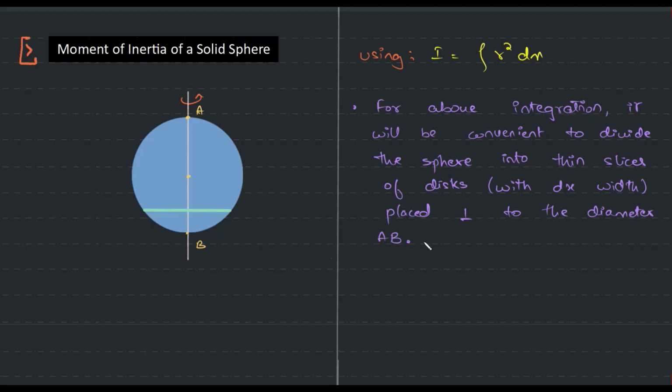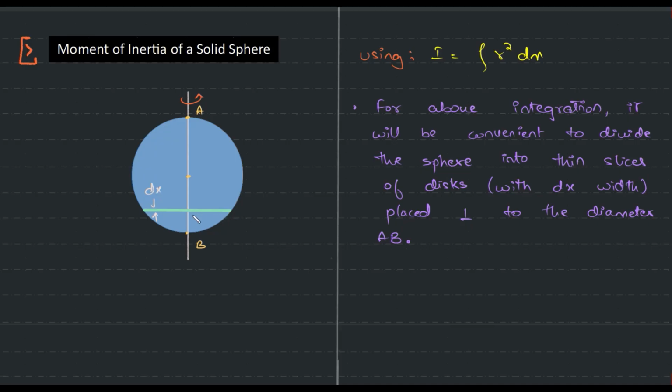Okay, so basically what we're doing is we are considering this thin disk. This happens to be of width dx. Let me write it over here.